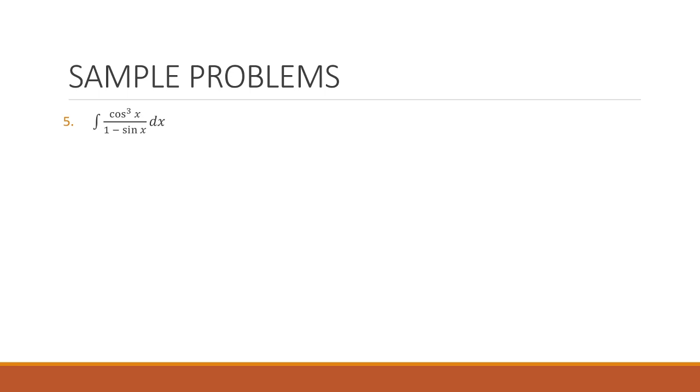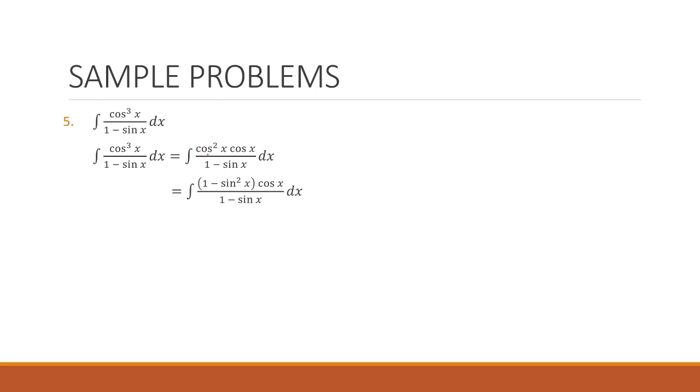So let's try. For this one, I applied this technique. We can factor out cosine x from cosine cube x so that it becomes cosine squared x cosine x. Okay, and then cosine squared x can be converted to its Pythagorean identity. So it's equivalent to 1 minus sine squared x.